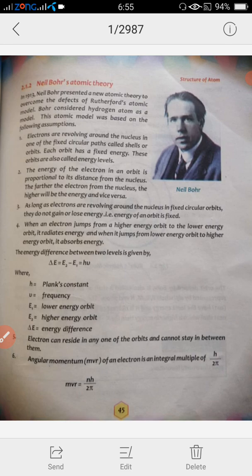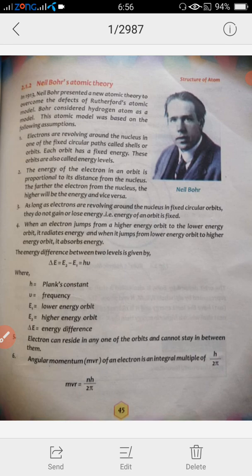And the fourth one is when an electron jumps from a high energy orbit to a lower energy orbit, it radiates energy, and when it jumps from a lower energy orbit to a high energy orbit, it absorbs energy. At this point, it is said that when an electron moves from the lower energy level to the high energy level, it will absorb a certain amount of energy for its excitation.